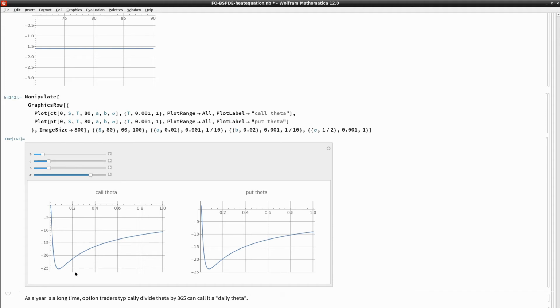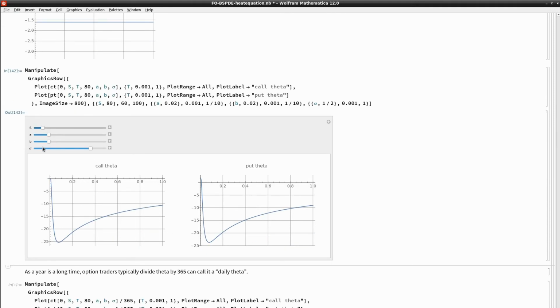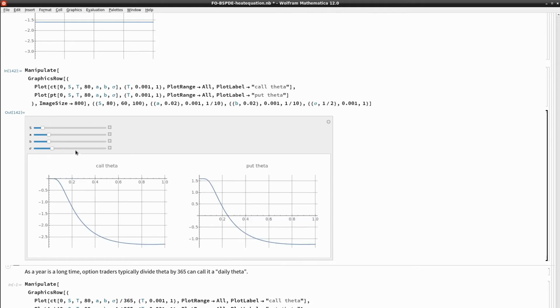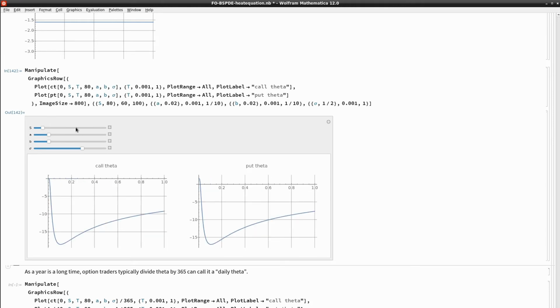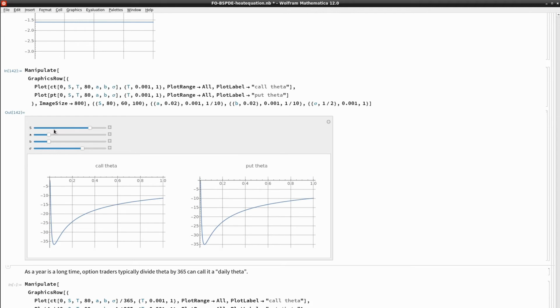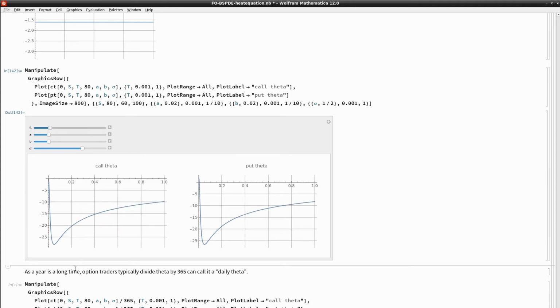So you are short theta if you buy. If you're the buyer, then you are short theta. These numbers here are negative. And no matter how we change this, this is always the case. It's always seen from the perspective of the option buyer or the long position.